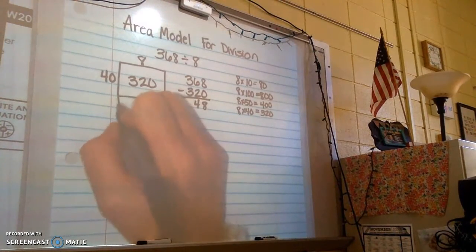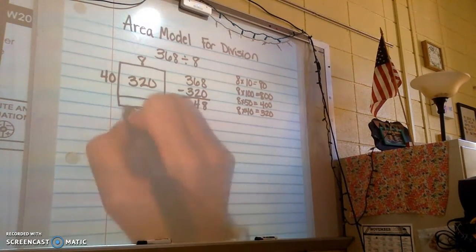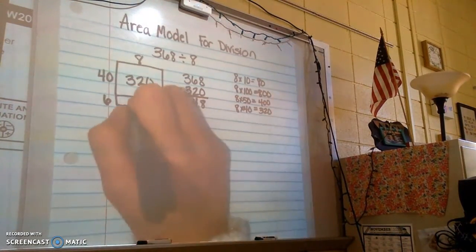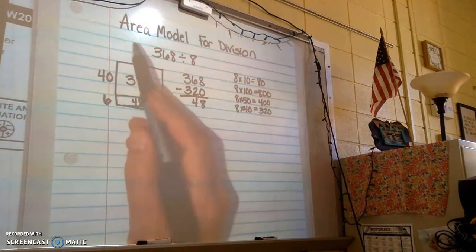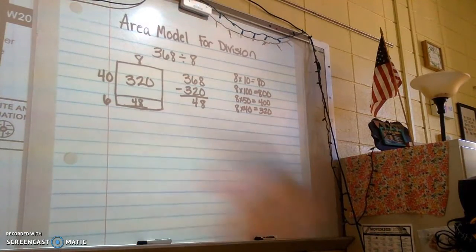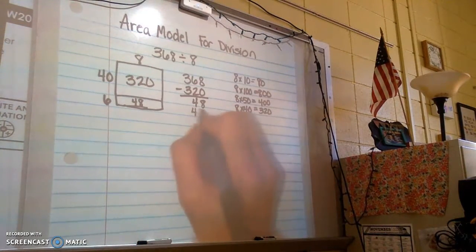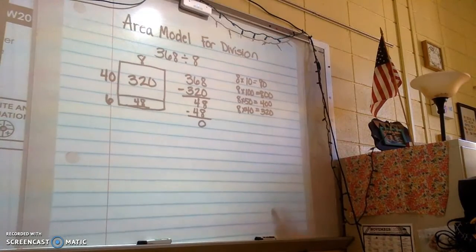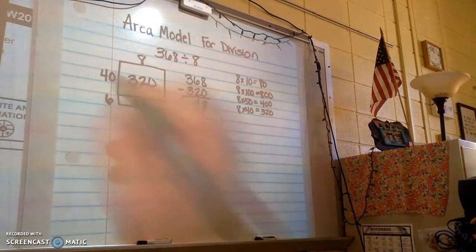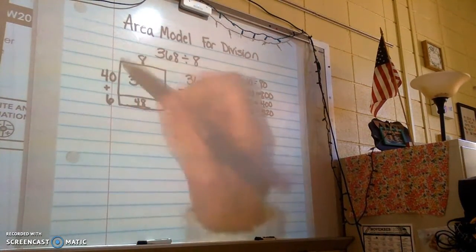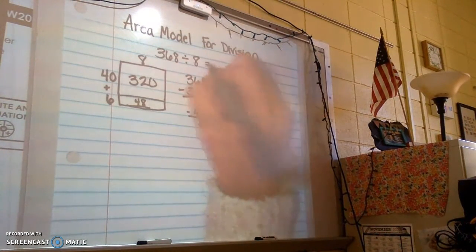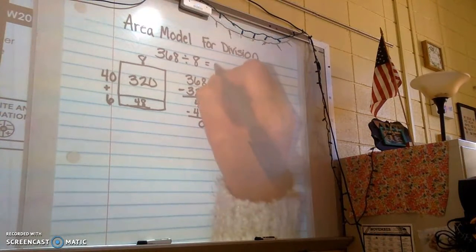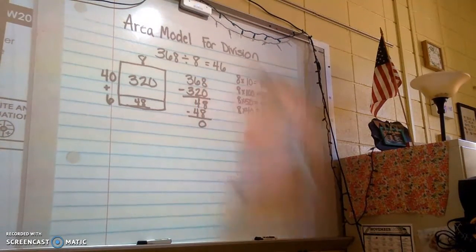Well, I know that 8 times 6 is 48. So my 6 is going to go out here. 8 times 6 is 48. And then I'm going to subtract that and get none left over. Then all I have to do to get my quotient is add these two numbers right here out to the outside. So 368 divided by 8 would be 46.